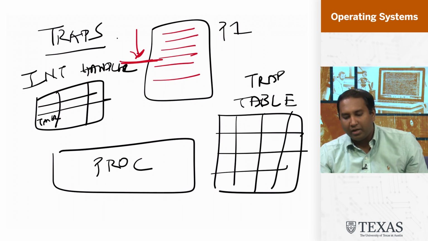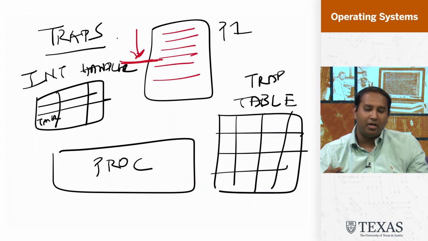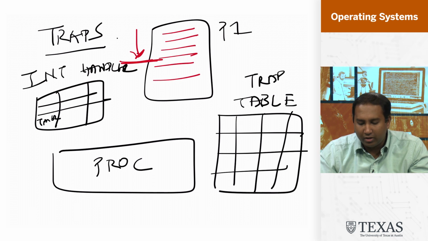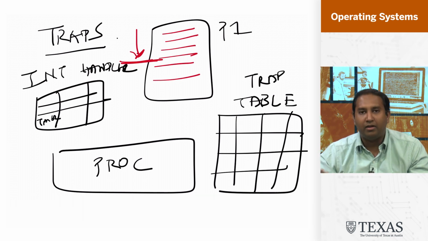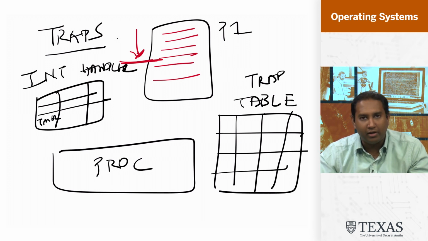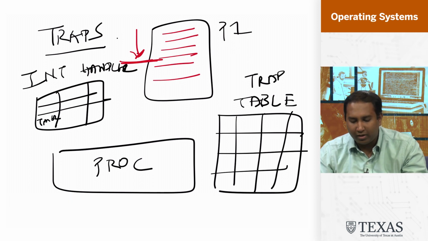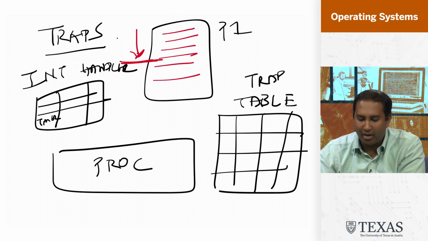And by the way, timer interrupt is not the only kind of interrupt that you can get. Let's say you wanted to write something to storage, and then after some amount of time, the storage device says, I'm done writing. So you get an interrupt for that. There can be all kinds of different interrupts that you can get from hardware to say that some event has occurred.